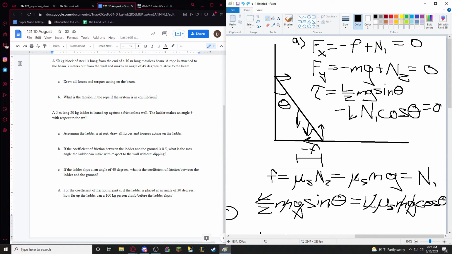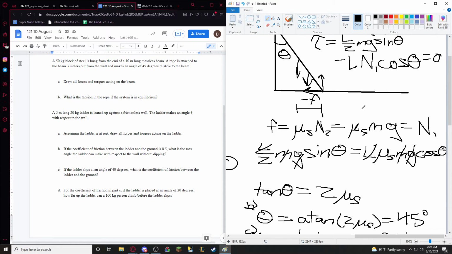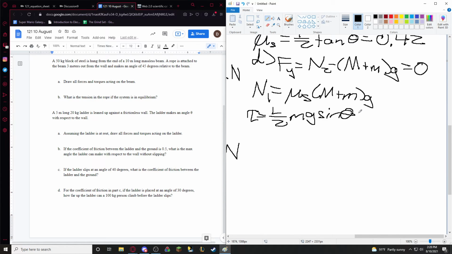What direction is the torque going to be in? Positive direction? Positive direction, so we'll write down torque is equal to L over 2 mg sine theta plus, we'll call it a distance x along the ladder that we'll solve for, plus x big M g sine theta.